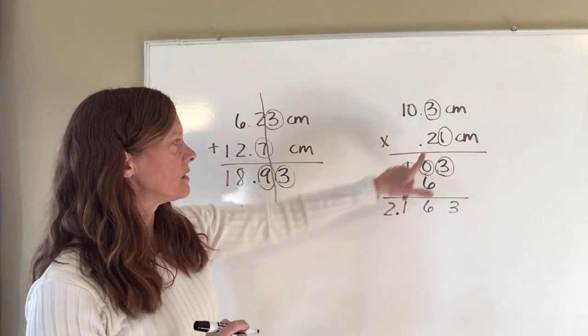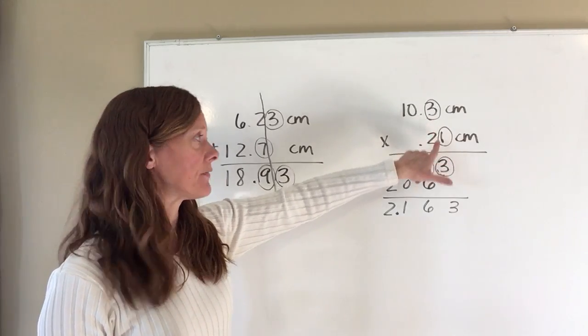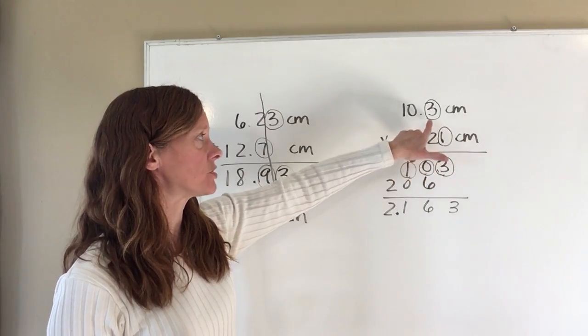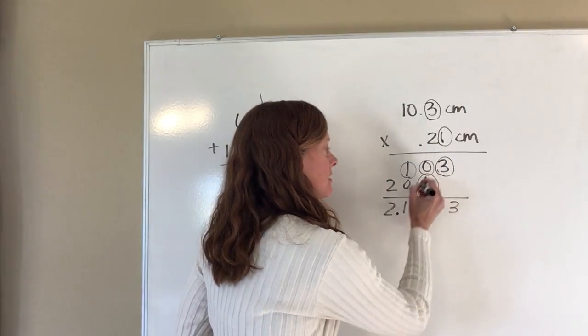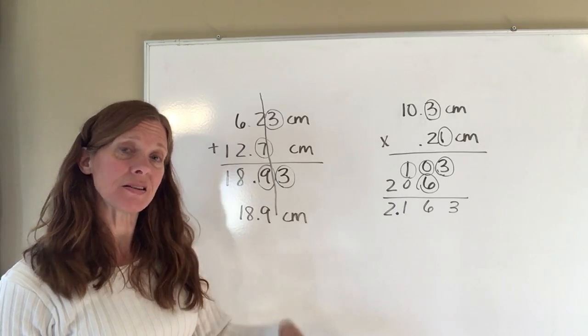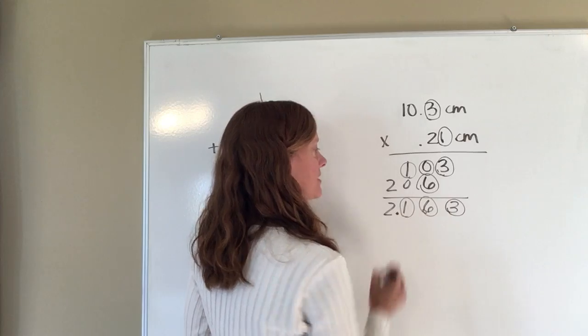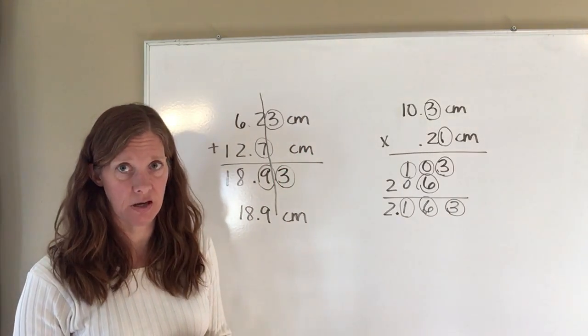Then anything that this got multiplied by is also going to have uncertainty in it. So when I take the 2 times the 3, that 6 is going to have uncertainty in it as well. So when I get down at the bottom, this digit, and this digit all have uncertainty in them.